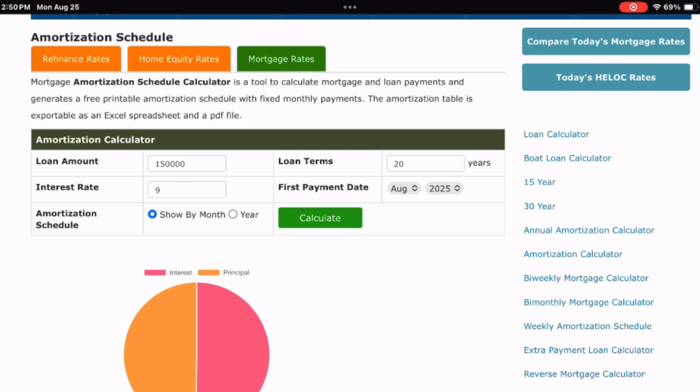Now, if you watched my video the other day, I made the comment that when we look at an annual percentage rate on something like an installment loan, a loan that you're going to be making payments on, say, every month for 20 years, that's really 20 times 12. That's 240 payments over the life of the loan.